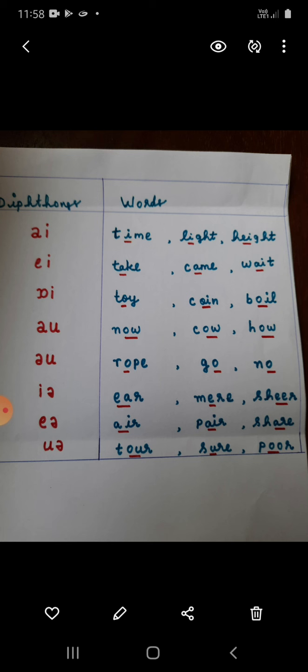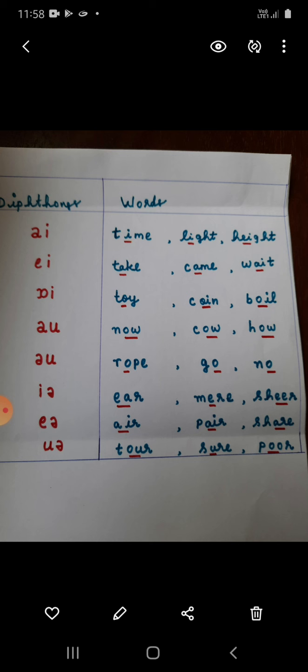The first sound which is displayed on the screen is pronounced as I. How is it written? The printed A and small letter I. That is the writing style of that diphthong.